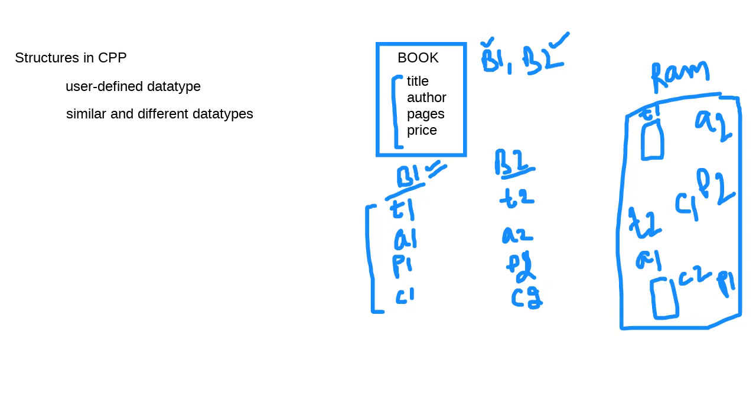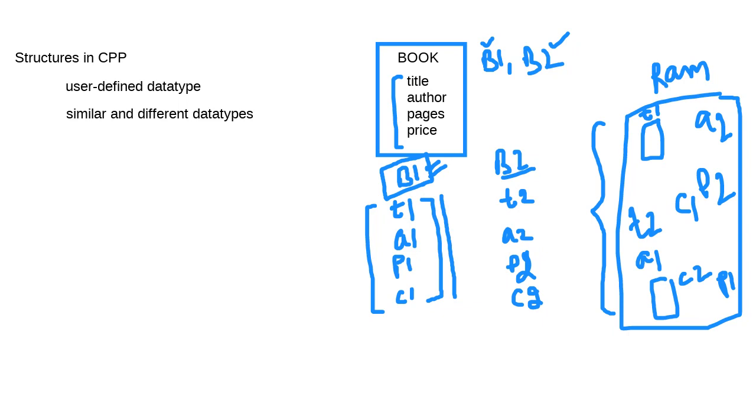Now, when I look at this organization of the RAM, is there any link between these four variables of book one? Technically or logically, I know that these four variables are related to each other because they are the information of one particular book, which is B1. But when I look at the RAM, am I able to formulate any association between these variables?